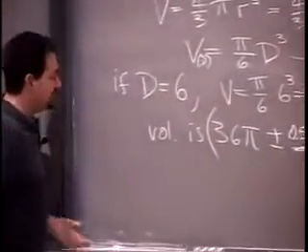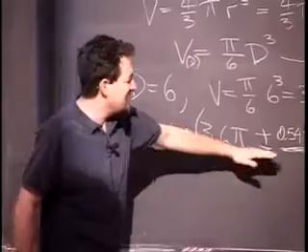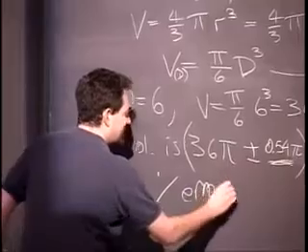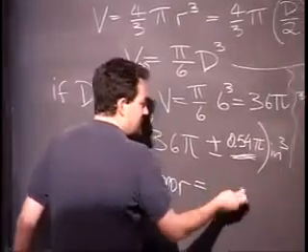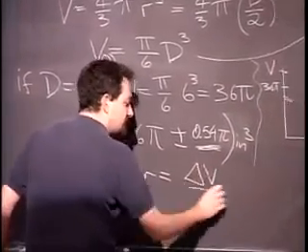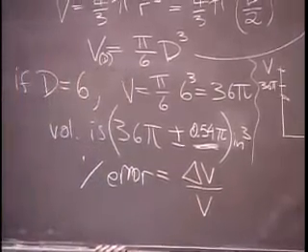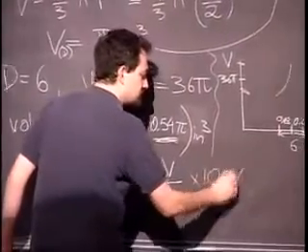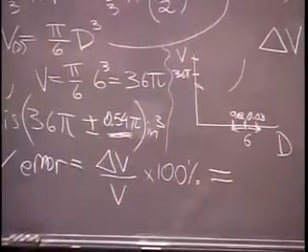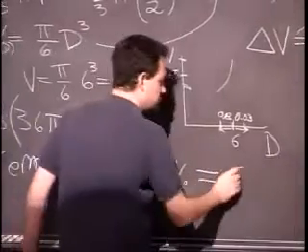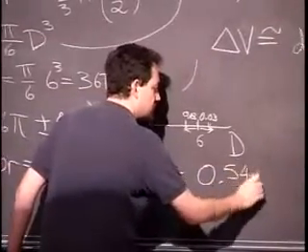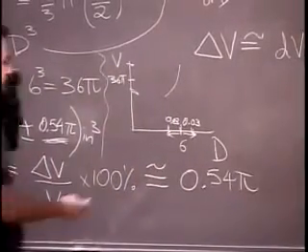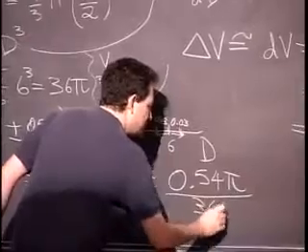Well, of course, if you know that the volume is 36 pi, the percentage error is equal to the actual error over the quantity itself times 100%, which is equal to 0.54 pi, approximately equal to, because actually this is an approximation itself, over 36 pi.